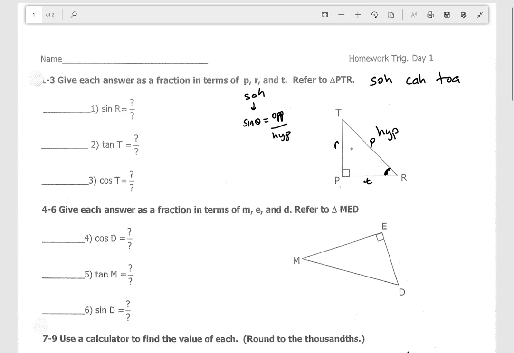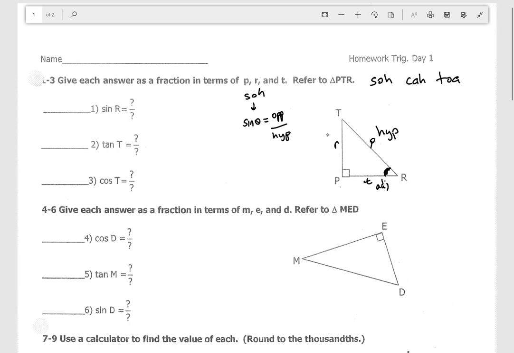The opposite side and the adjacent side depend on what angle you're talking about, angle R or angle T. Because I'm talking about angle R, this angle touches two sides. It touches the hypotenuse, and it touches the adjacent side, the side next to the angle that isn't the hypotenuse.